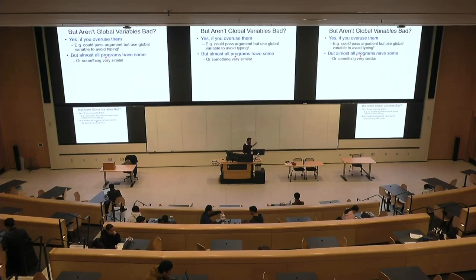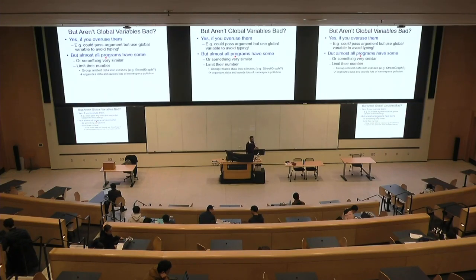But almost every single program will have some global variable defined somehow in order to basically store data for a long time. So for example, if you use cout or cin, which are basically how you input or output things on the terminal, these are actually global variables defined under the std. So even though they are widely used, they are still global variables to make it easier for the user to use them.